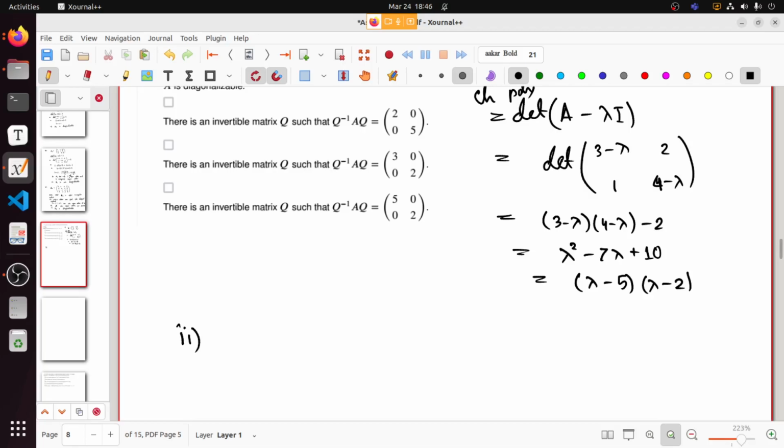So what are the eigenvalues? The determinant of A minus lambda I is 0. So from here you can see (lambda minus 5)(lambda minus 2).